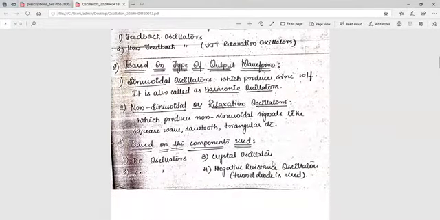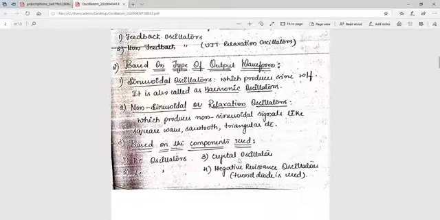And depending on the components used in the oscillators, you have RC oscillators, that is resistance and capacitance oscillators, LC, that is inductance and capacitance oscillators, and crystal oscillators, and negative resistance oscillators, where a tunnel diode is used.